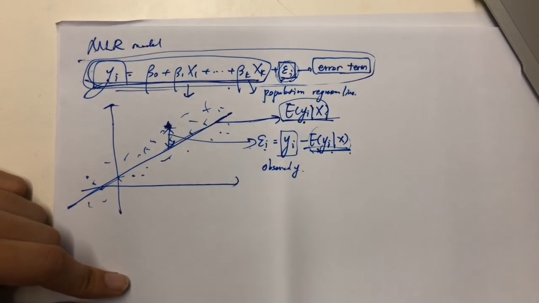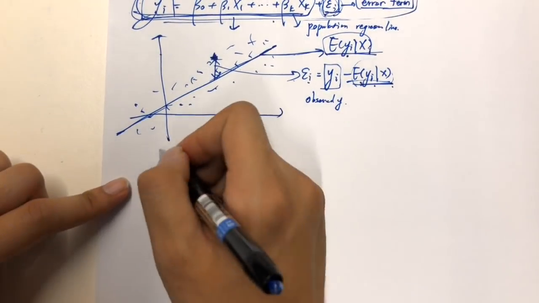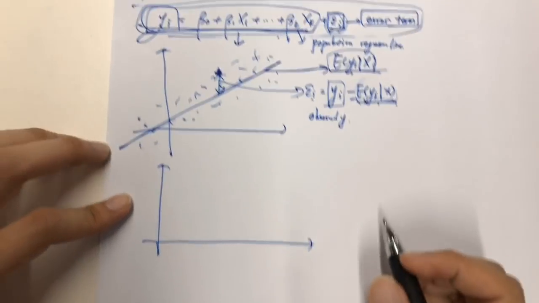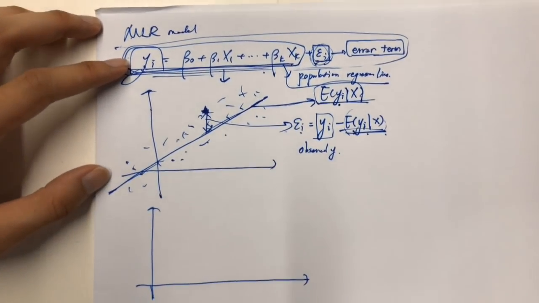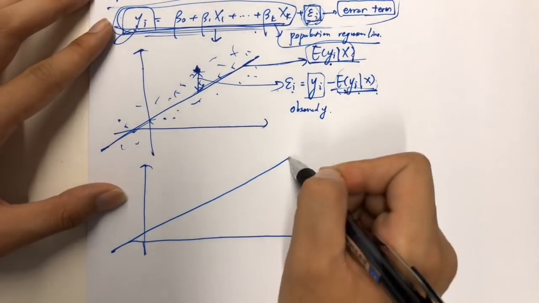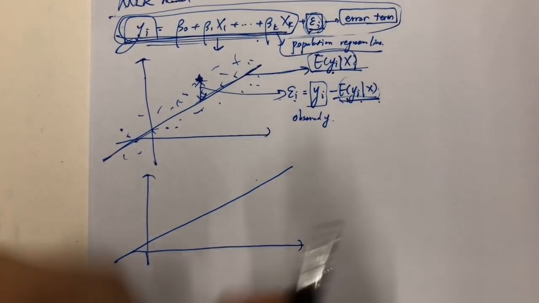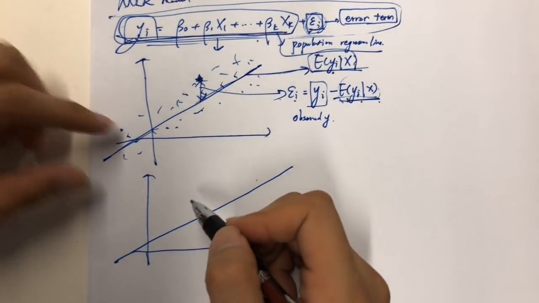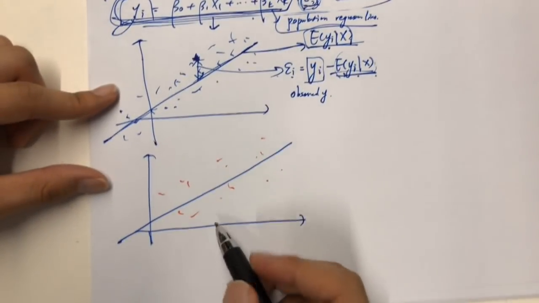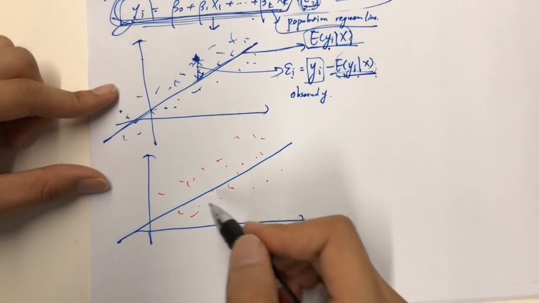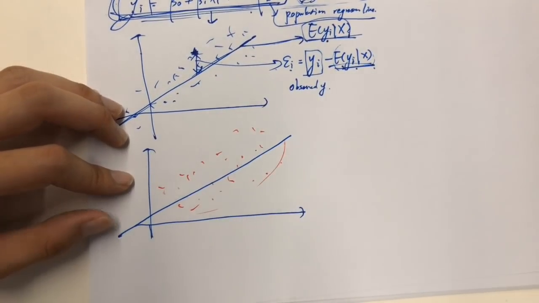Now, what is a residual? In linear regression, we will never know the true position of the population regression line. We know it must be somewhere over here. For example, this is the true population regression line. But usually we take a sample of the population and calculate an estimated regression line using this sample.